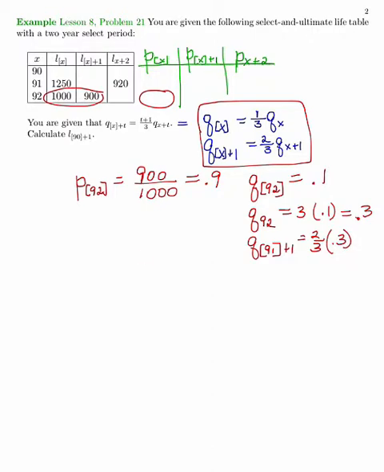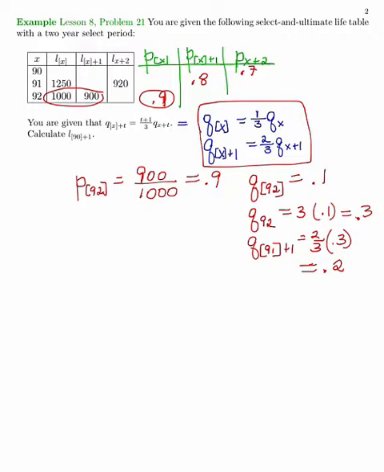So that's going to be 0.2. So P92 is 1 minus 0.3, that's 0.7. So that goes here in my table. And 1 minus 0.2 is 0.8, that goes here. And then 0.9 goes here. So I've got those 3 entries.